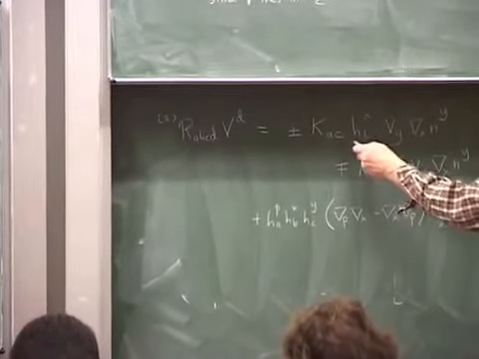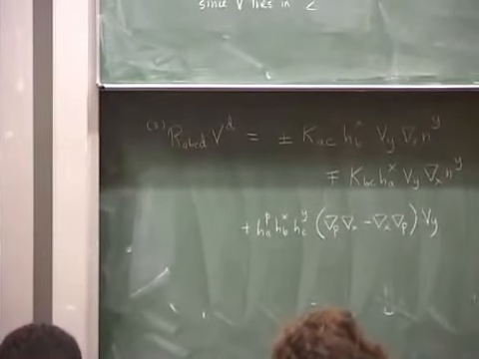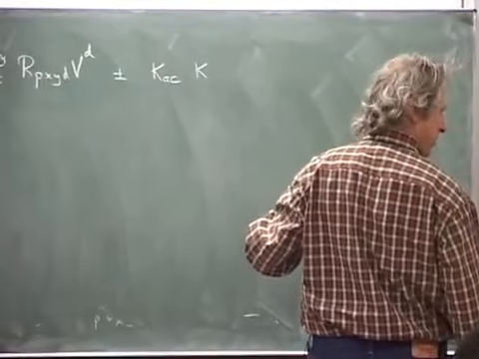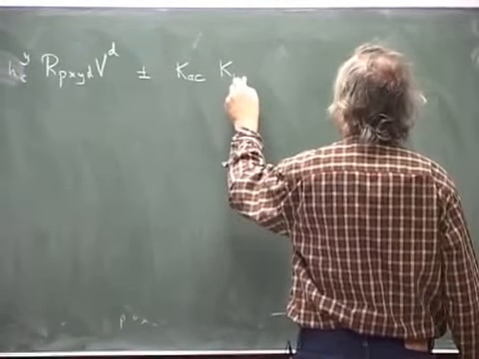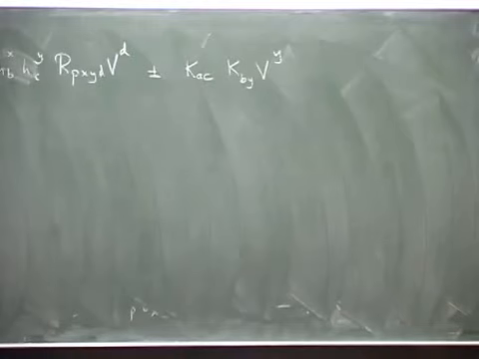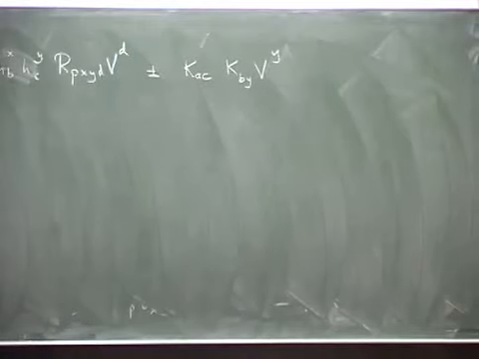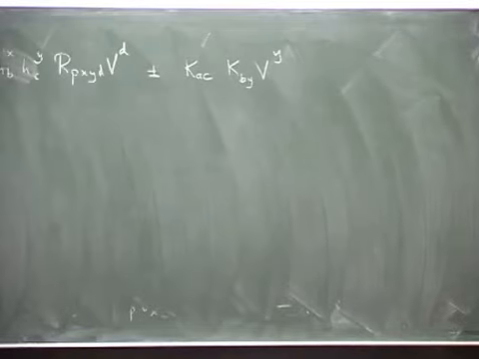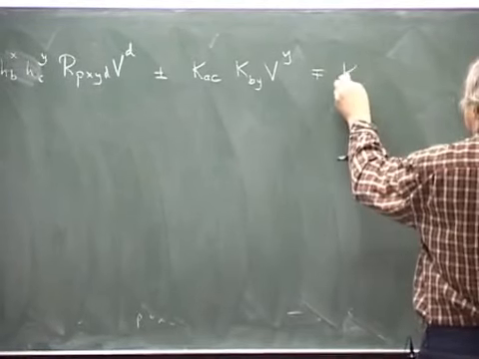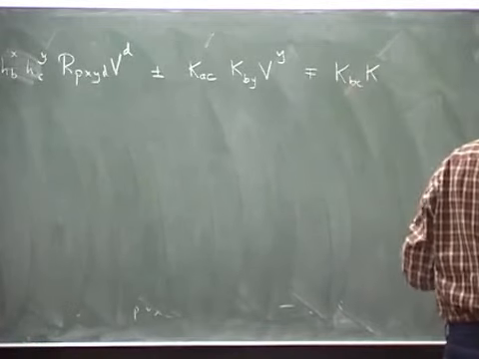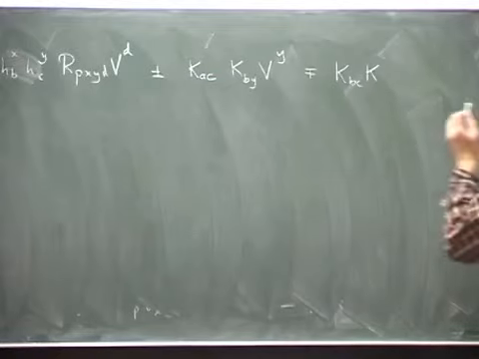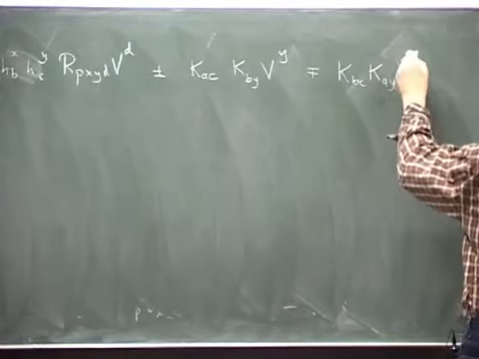I've got an h_b^x, so this is going to kill off the acceleration term, and you end up with K_by v^y. From here, this is, again, basically the same thing as K_ab, because the acceleration term will be killed off by that h, and so you get minus or plus K_bc K_ay v^y.